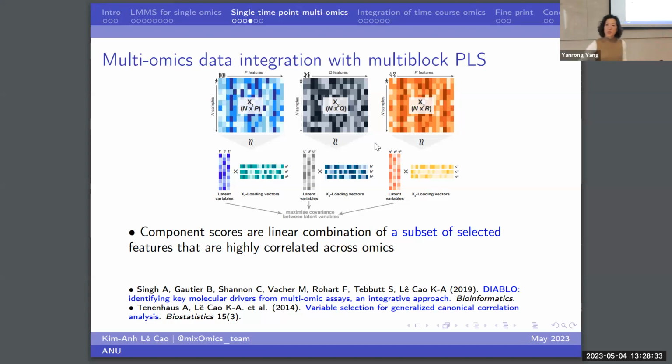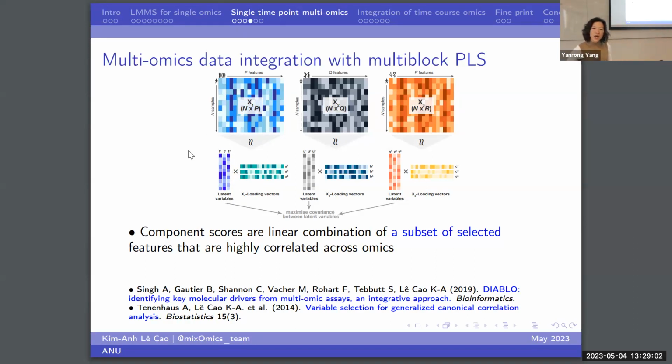And so what we do is we also do matrix factorization. So similar to what I showed you before, we reduce the dimension of this data into a set of components. Here they're called latent variables in PLS, and you have the loading vector. But the way you do the statistical integration is that you actually ask for the components to be maximally covariant with each other because they're measured on the same samples. So you can do those calculations.